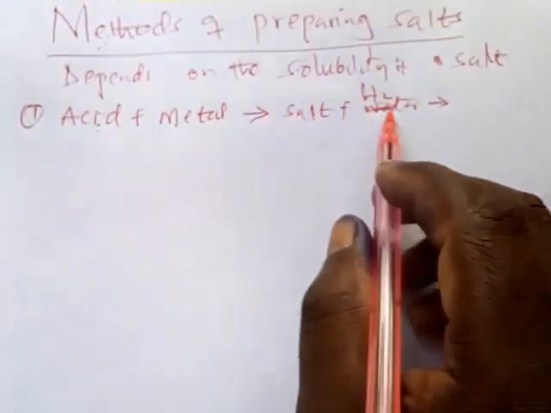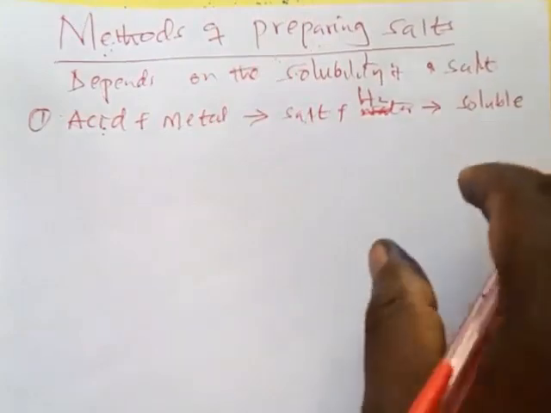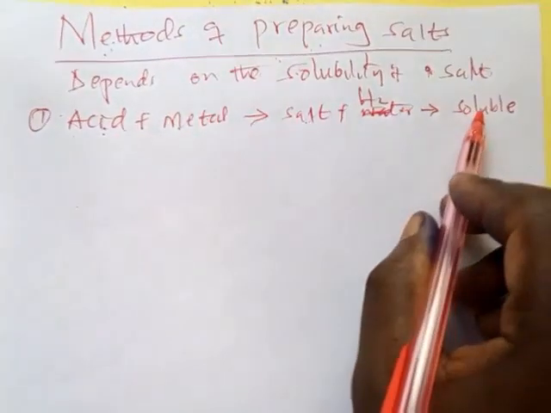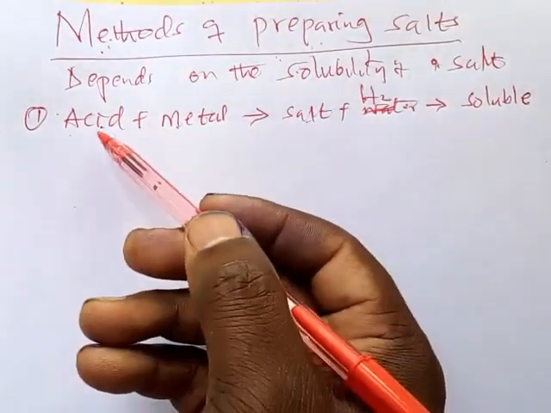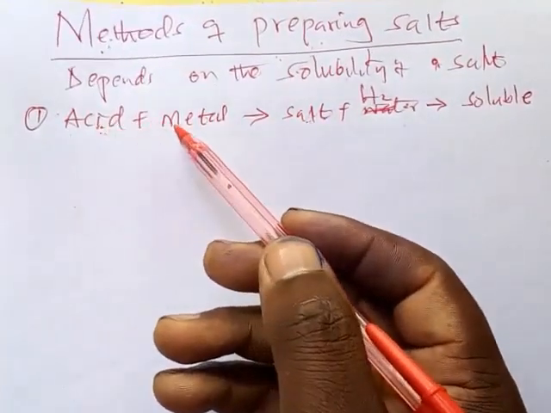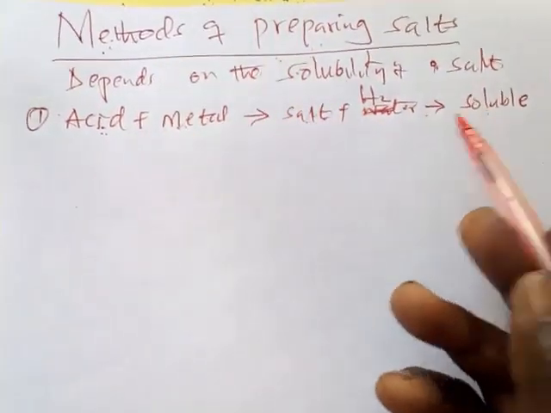This one is used to prepare soluble salts. If a salt is soluble, then this method can prepare it. I can prepare magnesium chloride, I can prepare zinc chloride here directly, because those are soluble salts.